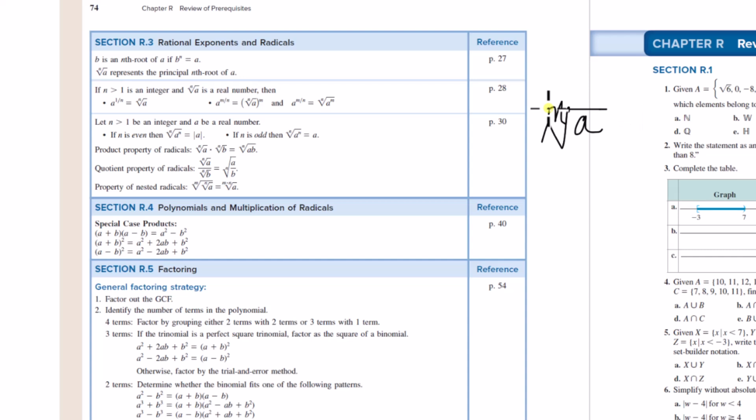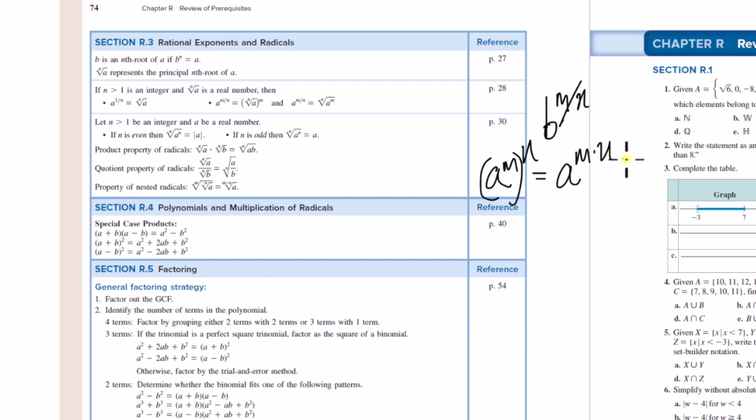Okay? And so then with that, to define what a number to a rational exponent meant, we used the properties of exponents. So like the fact that if you have a to the m to the n power, that's a to the m times n. Or if you have a to the m times a to the n, that's a to the m plus n.